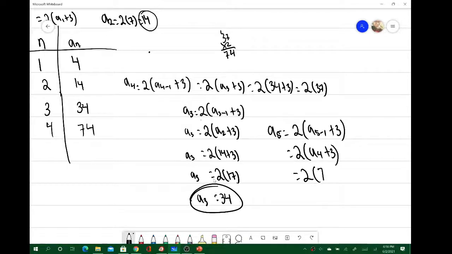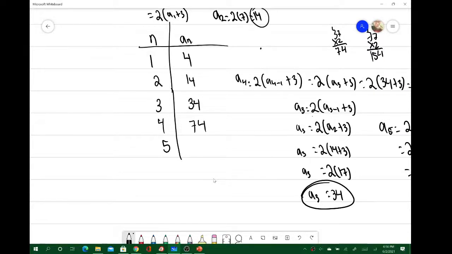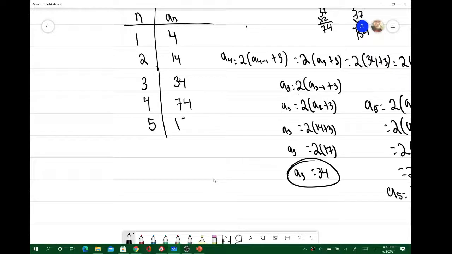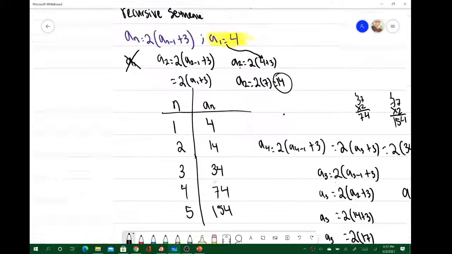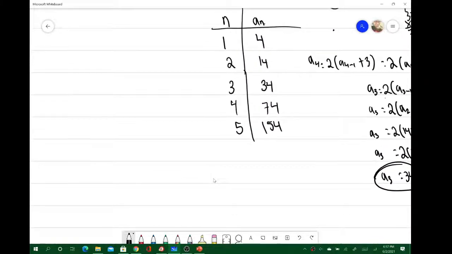So this is 2 times 74 plus 3, which equals 2 times 77, and 77 times 2 is 154. So a sub 5 is 154.